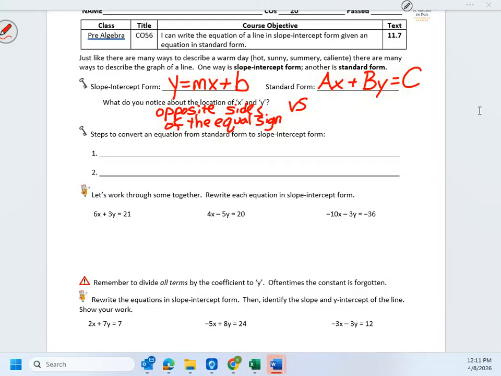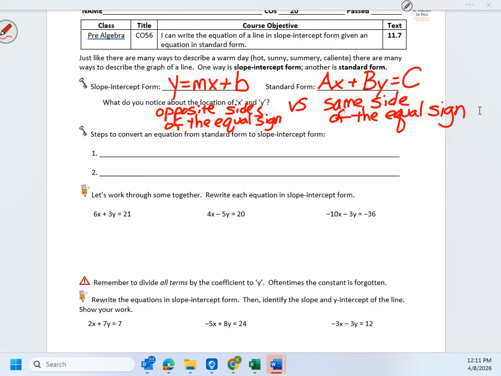Versus where are they in the standard form? Elliot? On the same side. They're on the same side of the equal sign. But notice how they both have the x and the y.